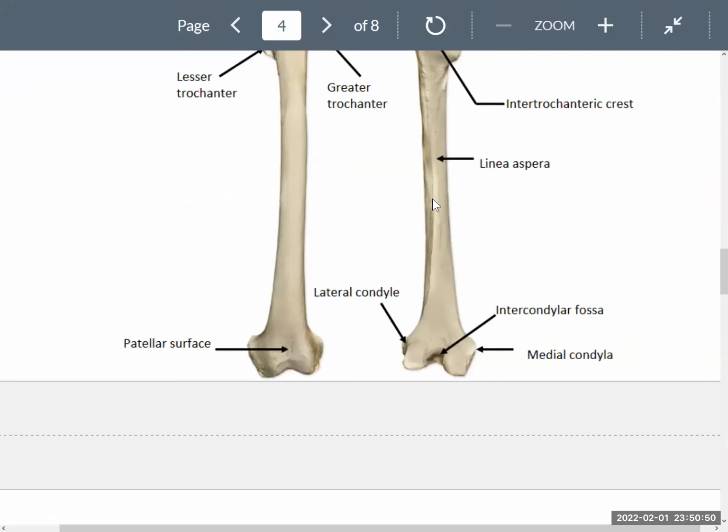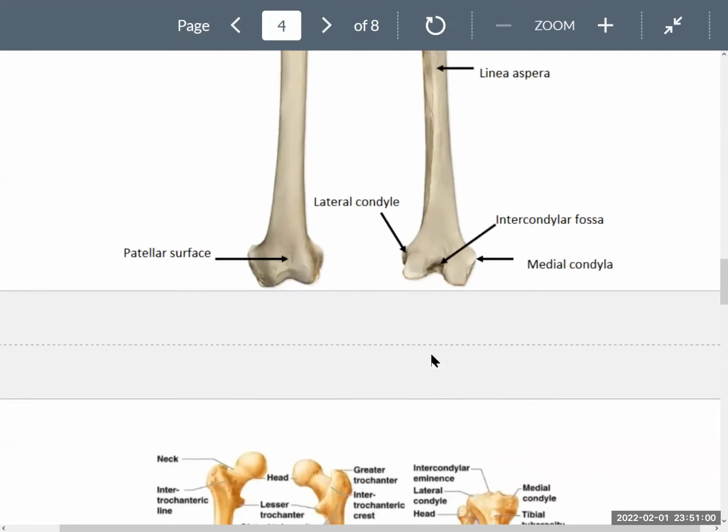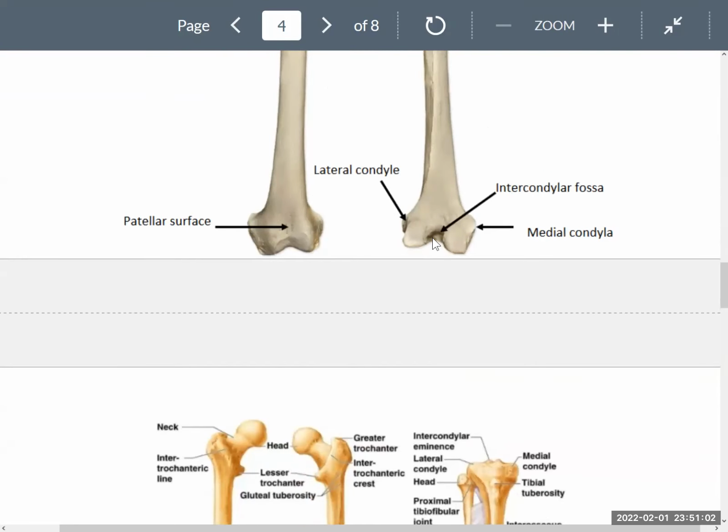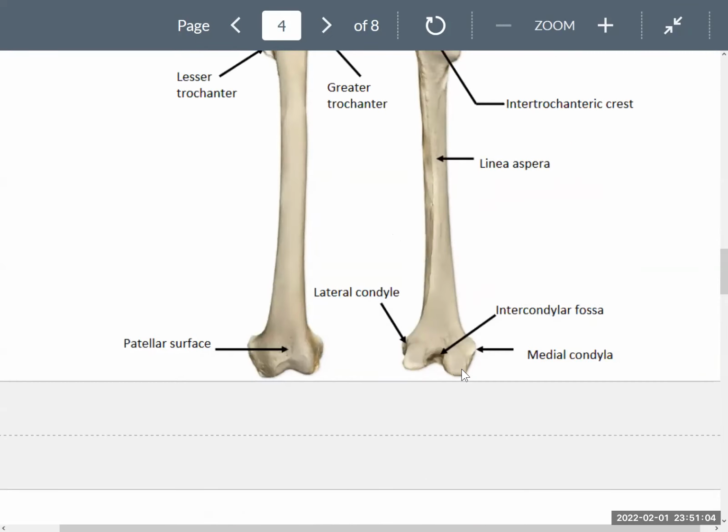Come down the posterior side again. We had the olecranon fossa on the humerus, but here we have the intercondylar fossa. There's a medial condyle and a lateral condyle on either side. How do we know which is medial and lateral?